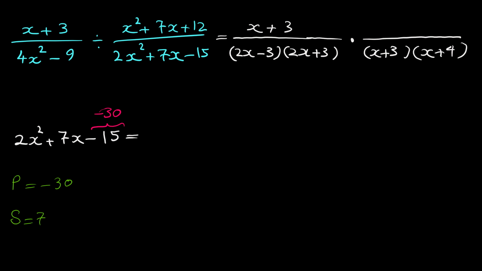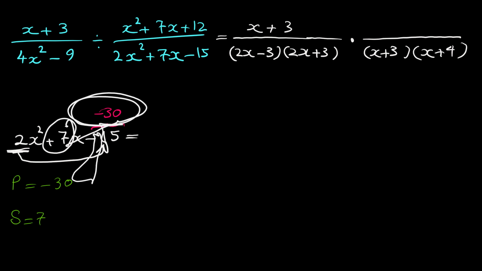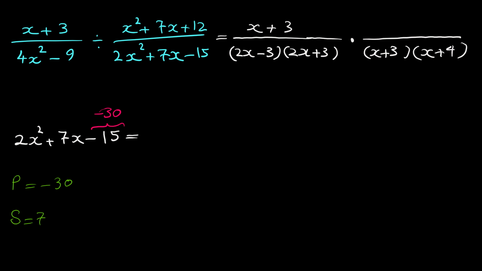So when the leading coefficient is not 1, multiply it by this number. Then we look for two numbers whose product is this and whose sum is this. Two numbers whose product is negative 30 and whose sum is 7.